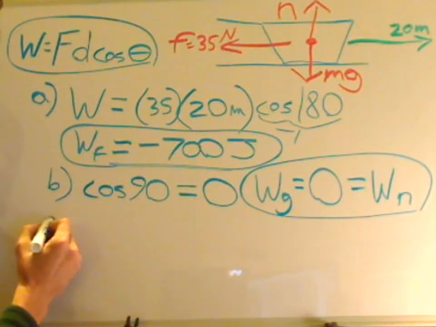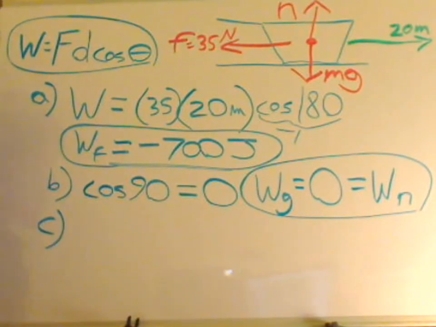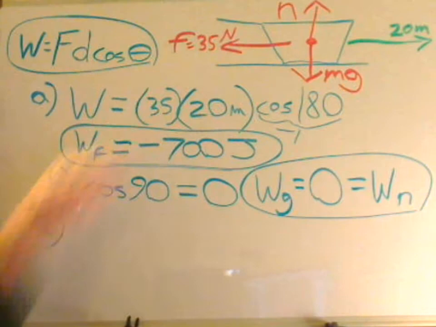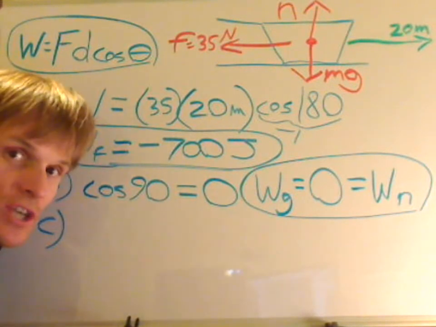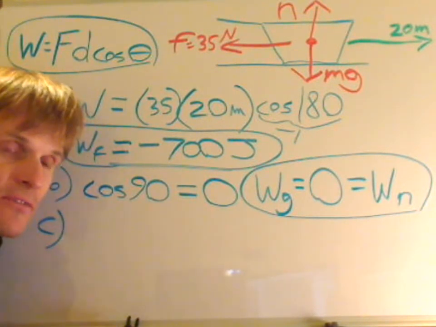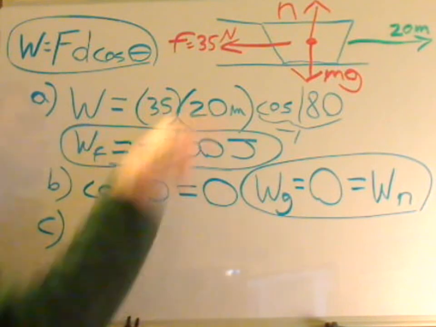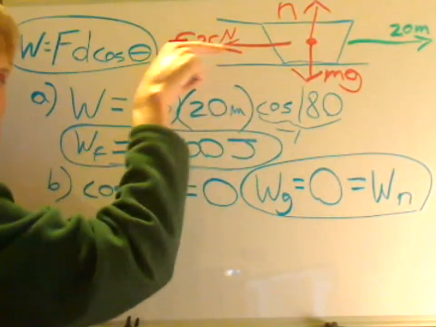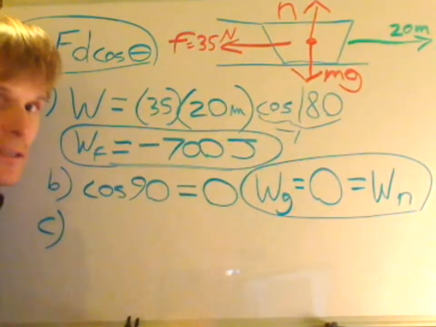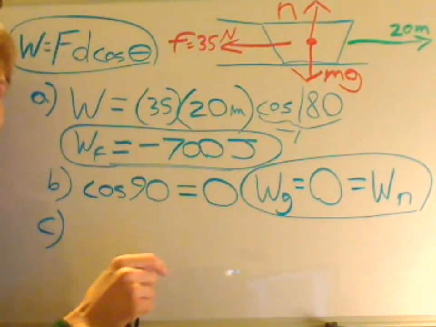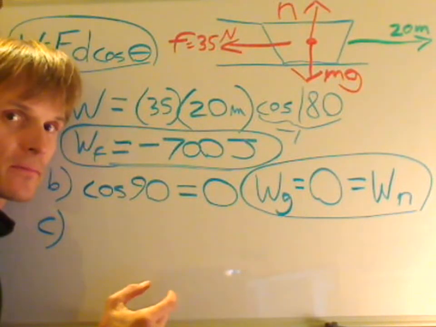Now the last part of the question, we want to know the work done by the shopper's push. Now, we're not given the force of the shopper's push in this question, but we can easily figure it out. So the cart is moving with constant velocity to the right. So the acceleration of the cart is 0.